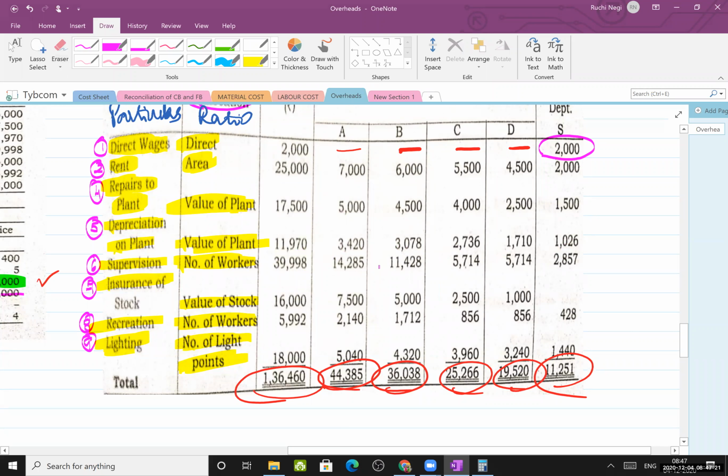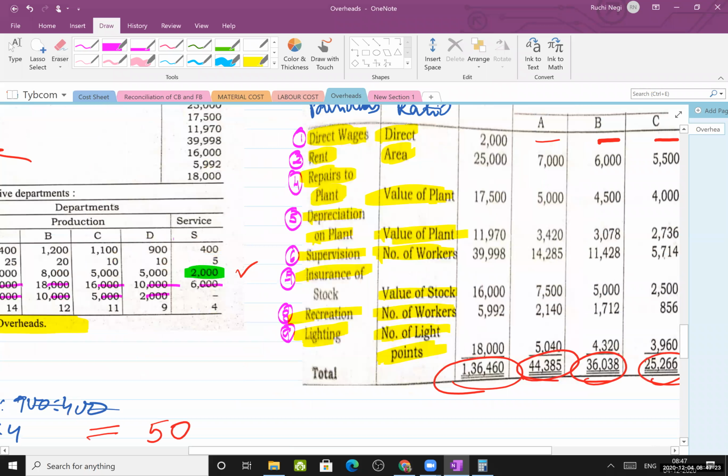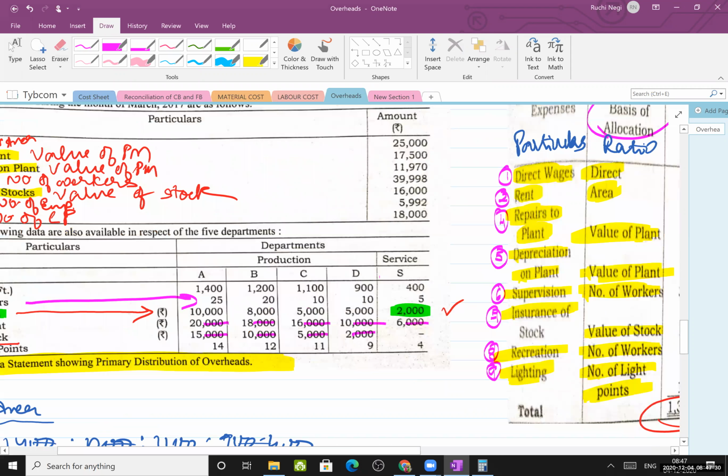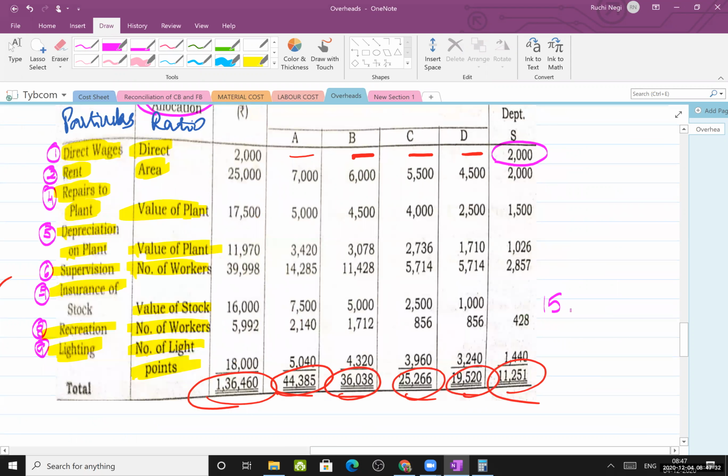Then value of stock. What is the value of stock? 15,000, 10,000. So my ratio is 15 is to 10 is to 5 is to 2. So total: 15 and 10 is 25. 25 and 5 is 30. 30 and 2 is 32. Okay. So 16,000 divided by 32 equal to, and multiplication sign 2 times.